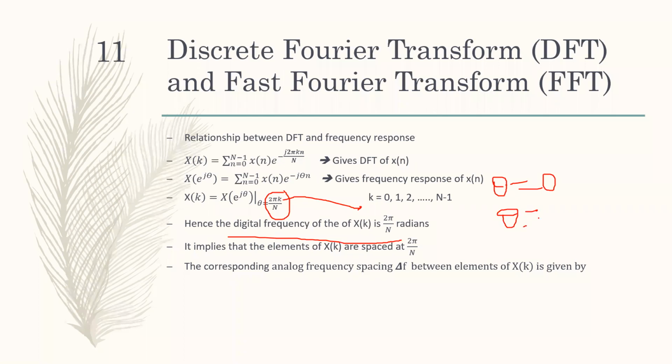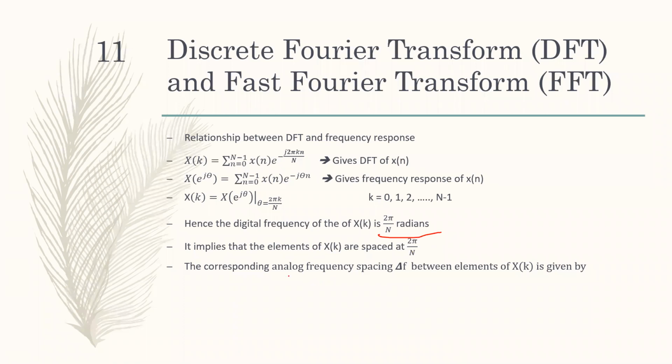When k is 1, theta is 2 pi by N. When k is 2, theta is 2 pi by N into 2. If I continue, it is 2 pi by N into 3, and so on. That's why the spacing is at 2 pi by N radians. So this is the digital frequency we have got in radians.